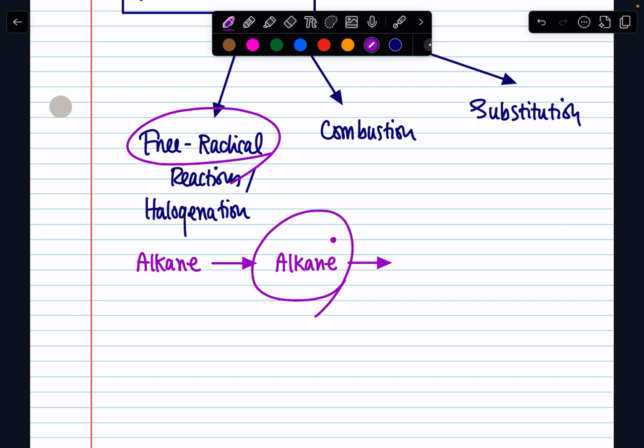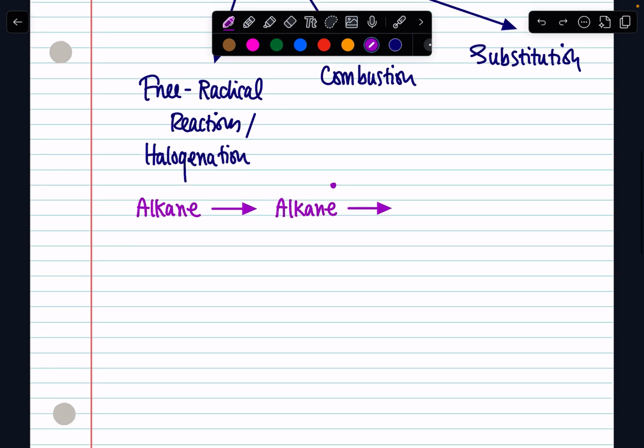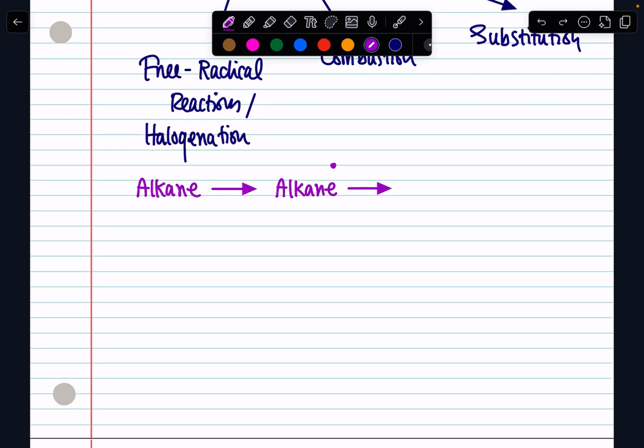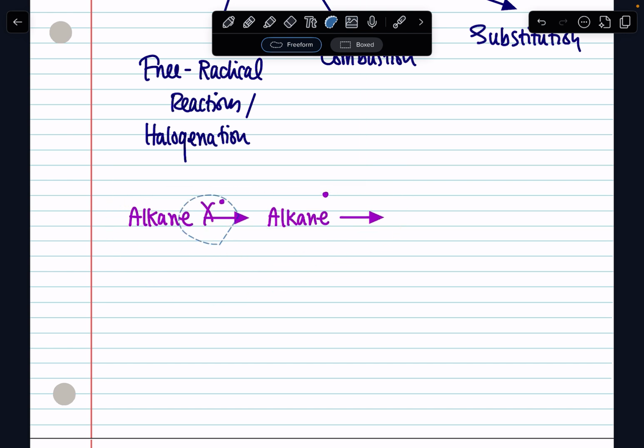A free radical species usually is shown by a dot as shown. To do that, you typically introduce a free radical of halogen, or X. Let me just put X. You introduce the alkane with a free radical, you produce another free radical, and then finally you get an alkyl halide.